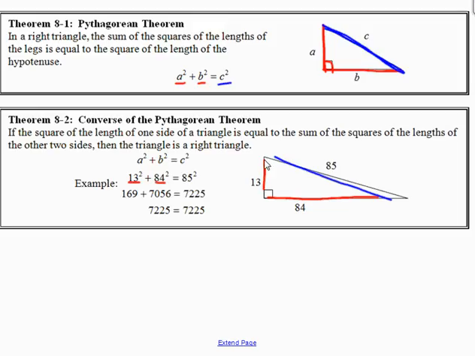Notice that they got the same numbers at the end. So that makes this triangle a right triangle. Also notice that the two shortest sides are the legs. The longest side is the hypotenuse. That is always true because remember last semester, the largest side is always across from the largest angle.